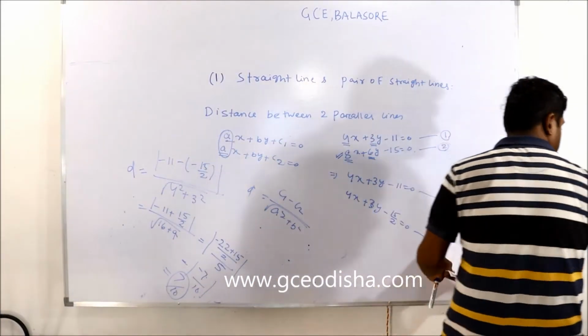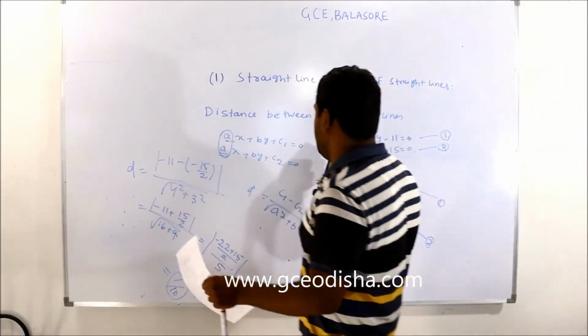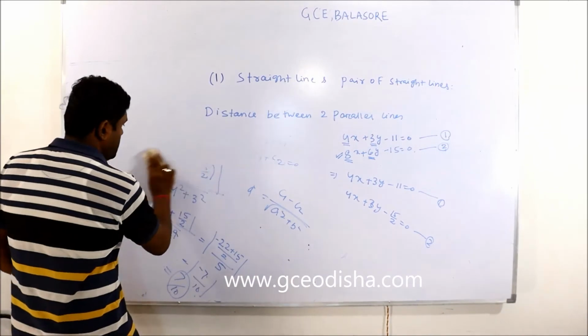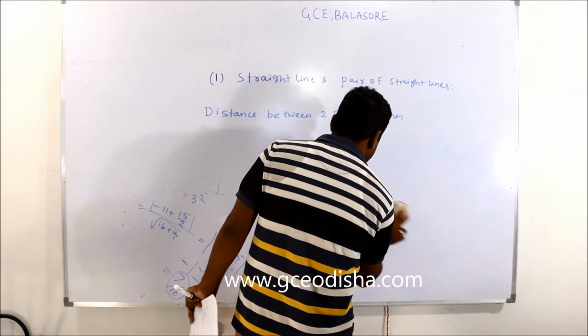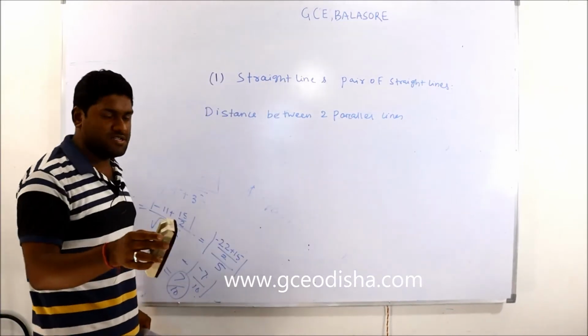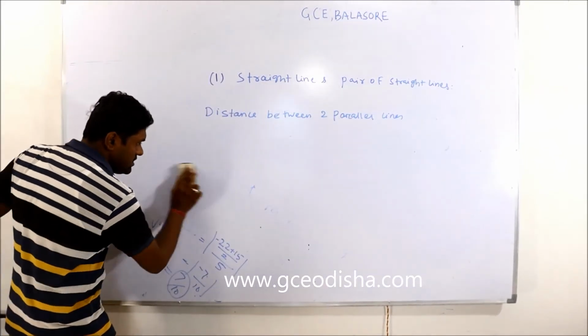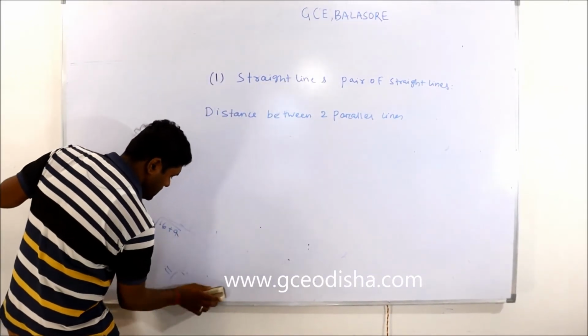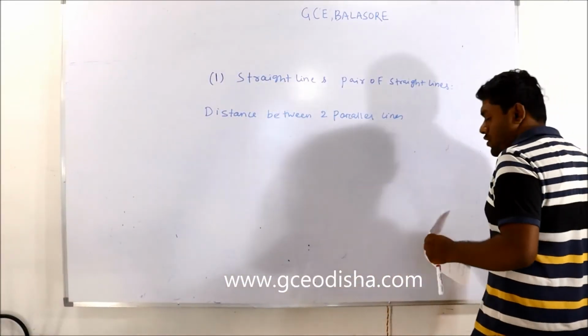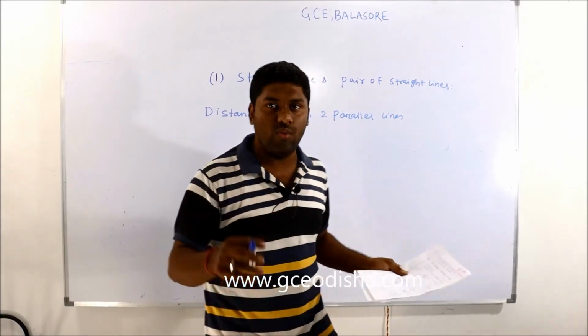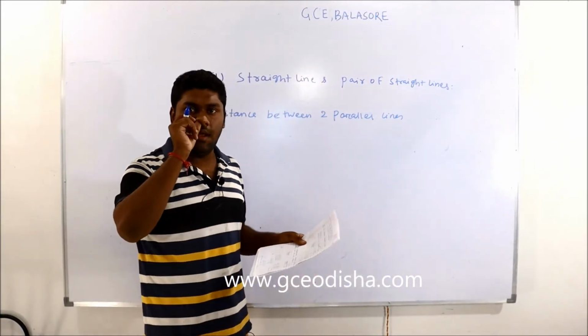Another type is there. Two types of questions come in distance between two parallel lines. One type is when coefficients are not the same but they are proportional, we have to convert the coefficients to the same.